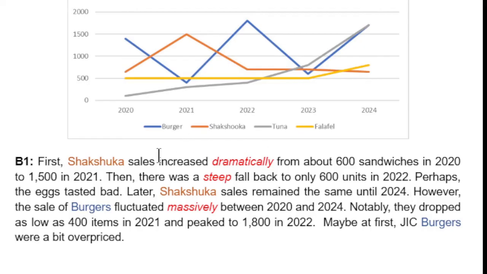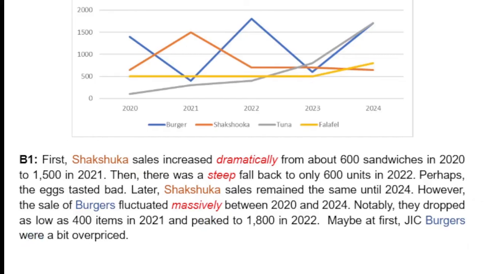Please remember I've used a mix here of verb, adverb, noun, adjective, verb, adverb, and also remained the same. Verb, dropped, peaked, were. So all the language is simple past.